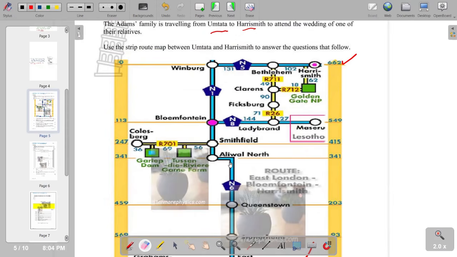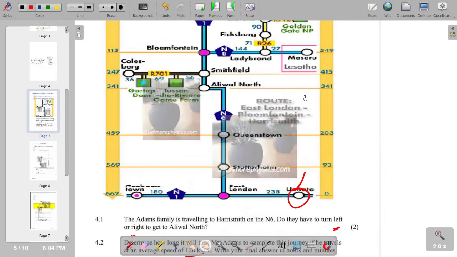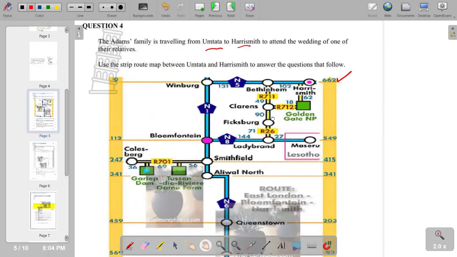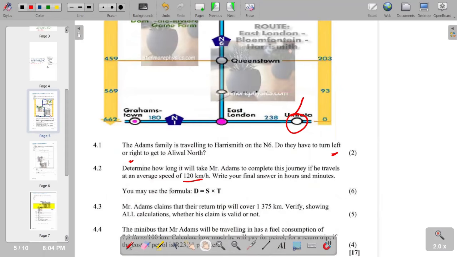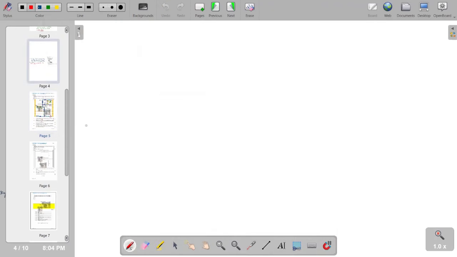So in that sense now, we have our distance from Mthatha to Harrismith. And then for the calculation now, remember what we are calculating is how long it will take, which means we are calculating time. So we have to come up with a formula for calculating time, whereby we say time is equal to distance over speed.